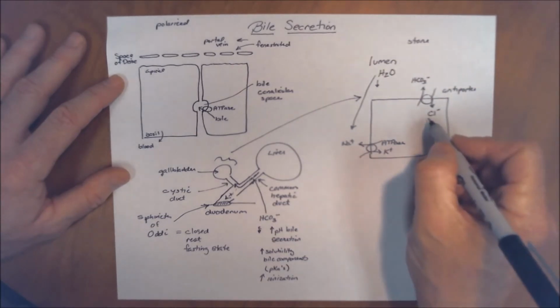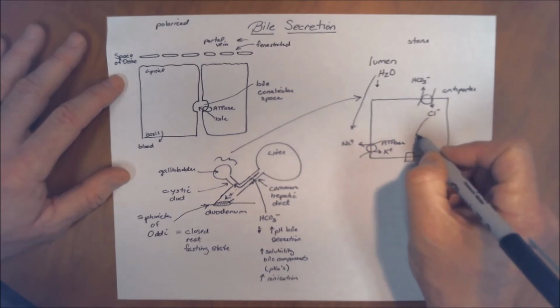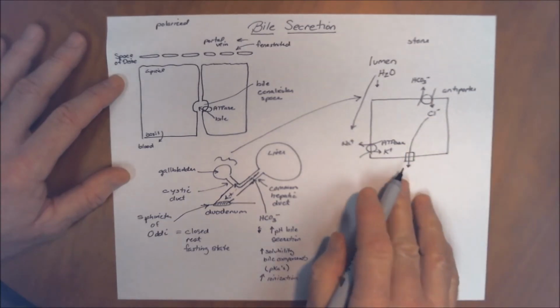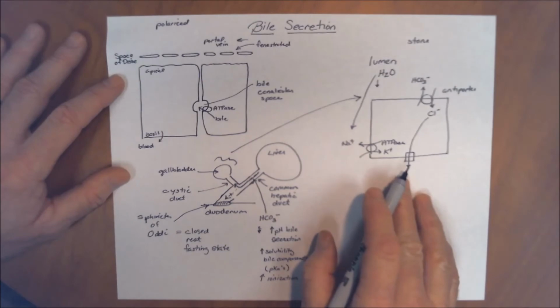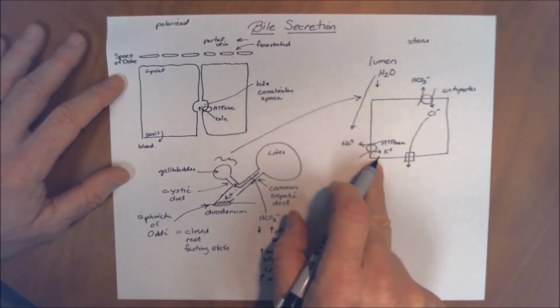And so now we have a path for a chloride channel to exit into the interstitial space and neutralize the sodium that's coming through the sodium ATPase transporter.